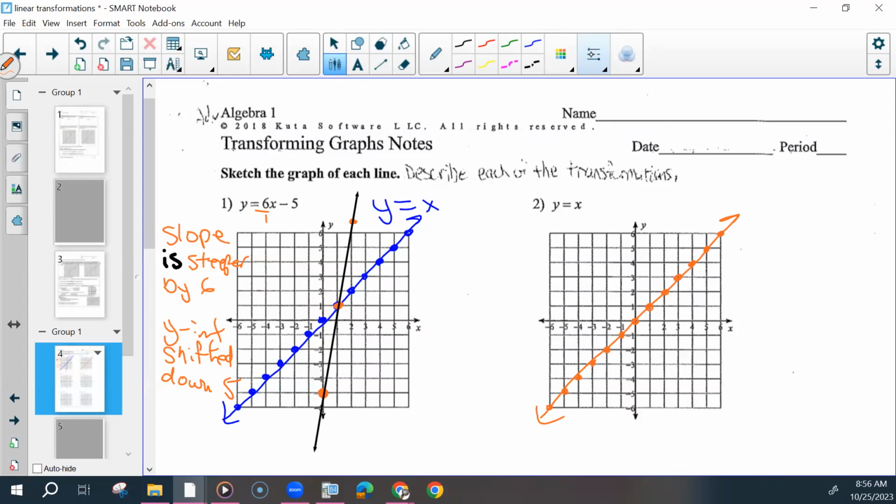No, so we can say the slope and y-intercept stayed the same. Questions on that one? Then we're gonna skip 3 and 4 and go down to 5 and 6.